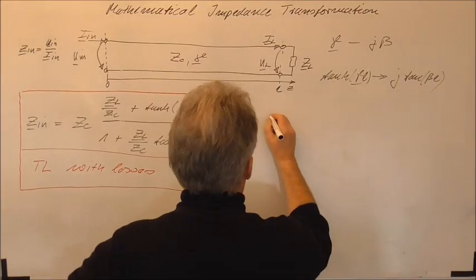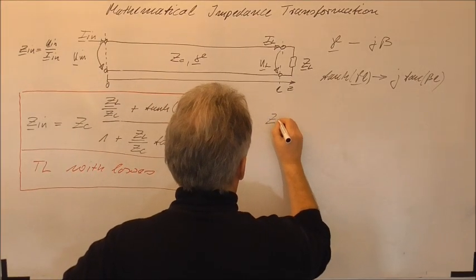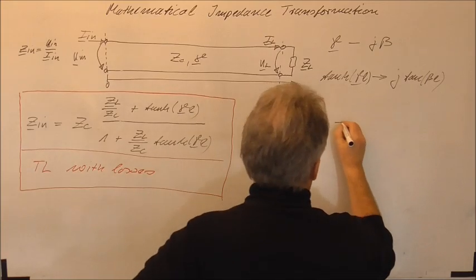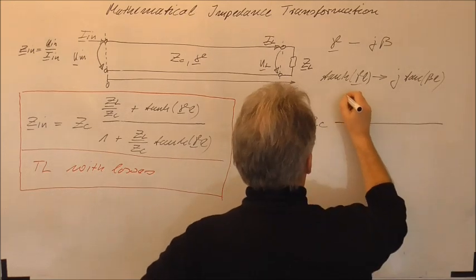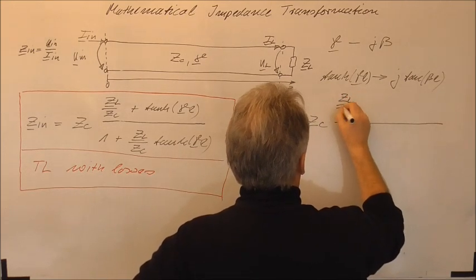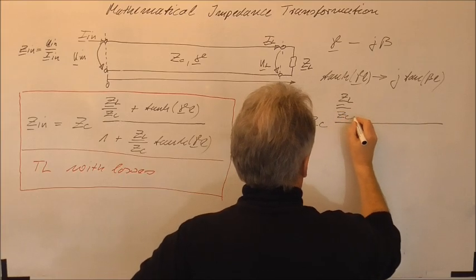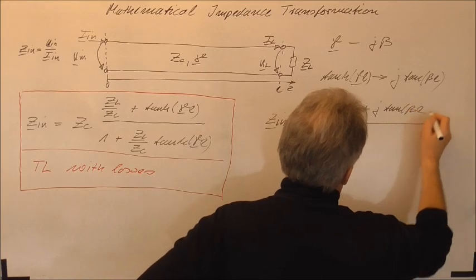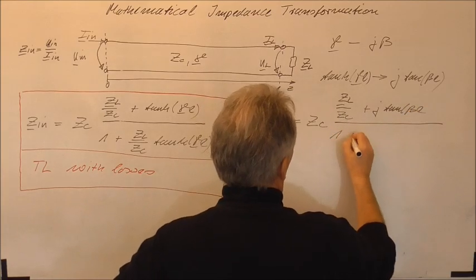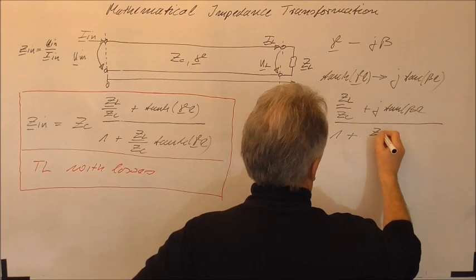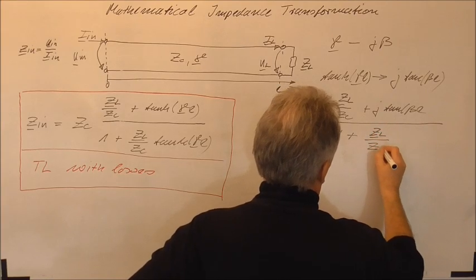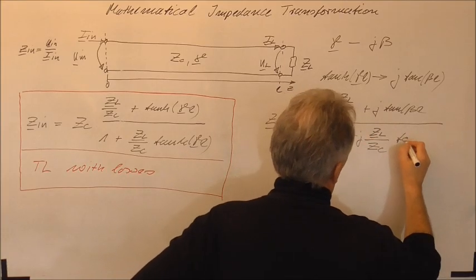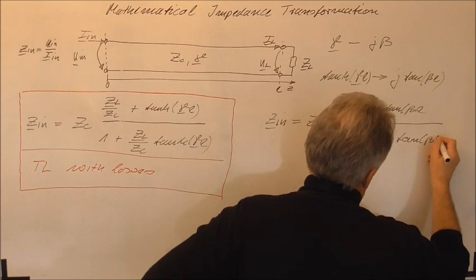So in the case without losses we will find that we have the input impedance Z_in, it's also Z_C times, and here you have now the load impedance with reference to the characteristic impedance plus j tan(βL), and this must be divided by 1 plus Z_L over Z_C times j tan(βL).